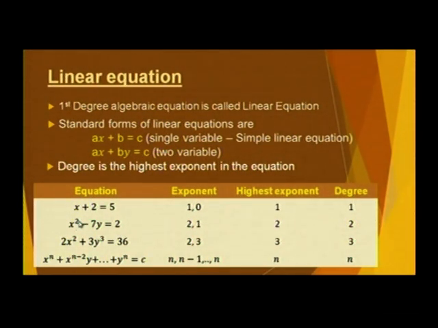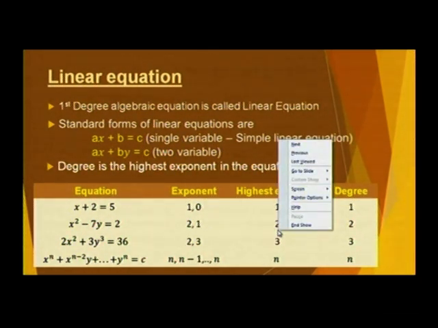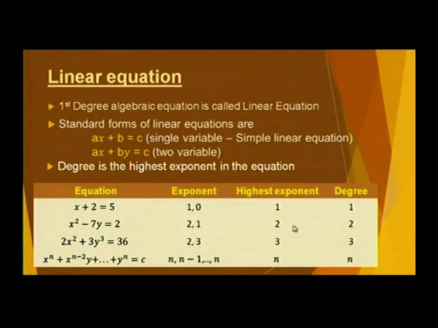Here the exponents are 2 and 1. So the highest exponent is 2 and the degree is also 2. Degree means the highest exponent of the equation. So the degree of x² - 7y = 2 is 2.